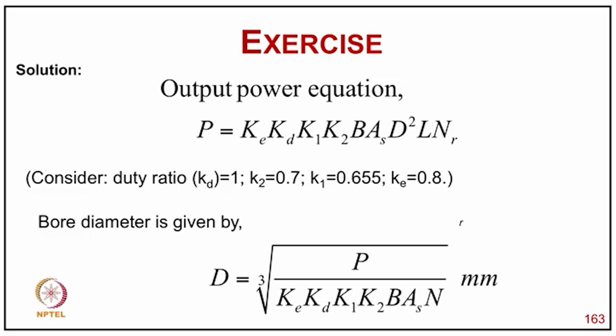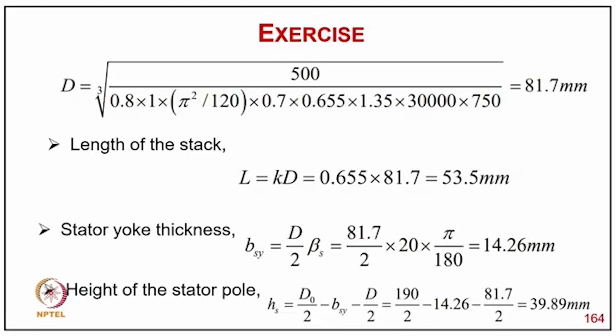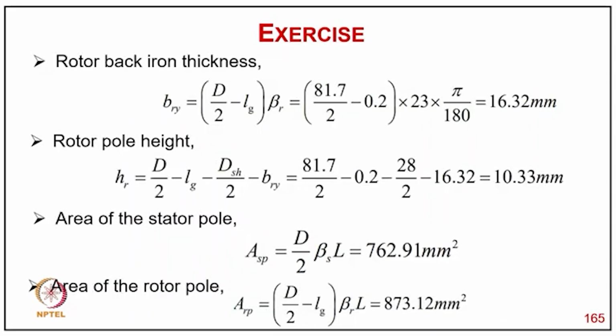the cube root of P upon K KD K1 K2 B A N NS, in millimeter, and putting in the values, it comes to 81.7 millimeter, and length of stack L equal to KD, so it comes to 53.5 millimeter. Stator yoke dimension BSY equal to D by 2 beta S, so it comes to 44.26 millimeter, and the height of the stator pole HS equal to D by 2 minus BSY minus D by 2, putting in the values, comes to 39.89 millimeter.